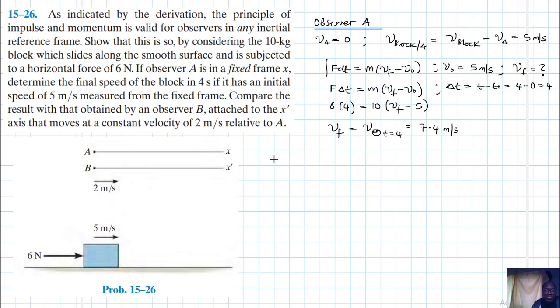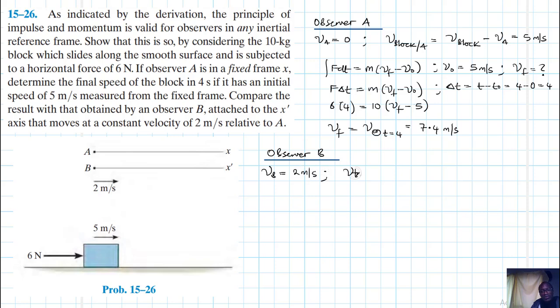Alright, so let's go to observer B. Observer B, mind you, is also moving at some constant velocity. So say v_B is equal to 2 meters per second.